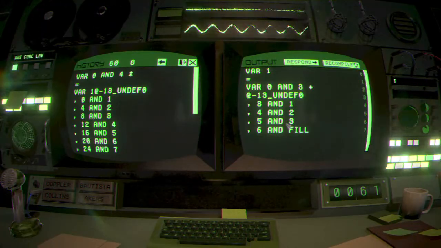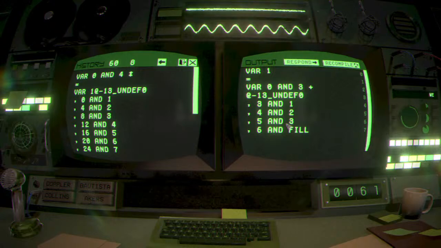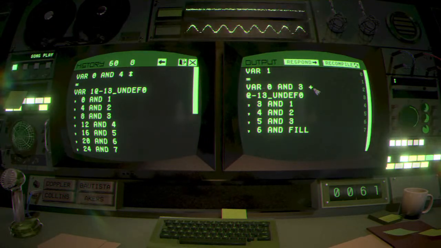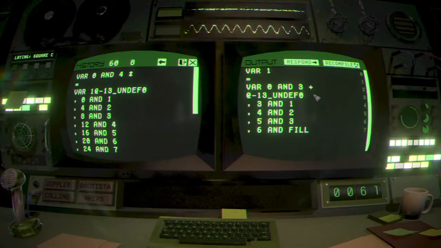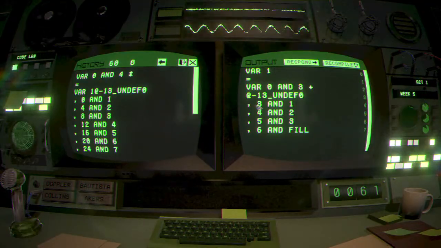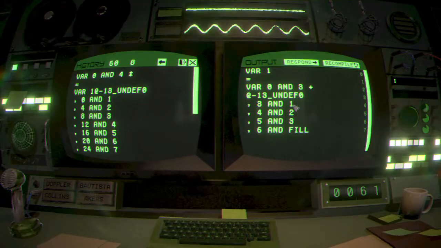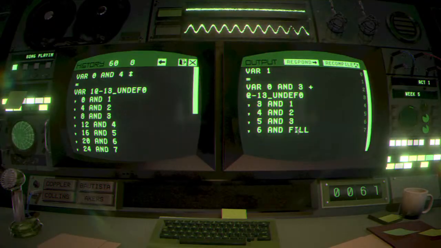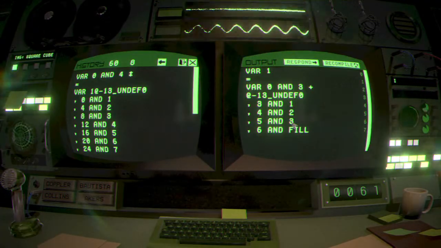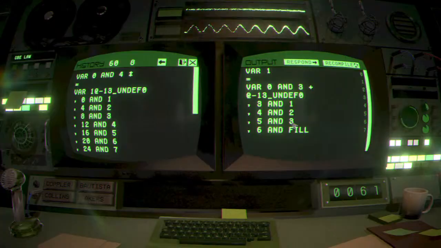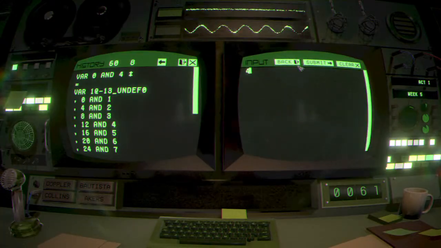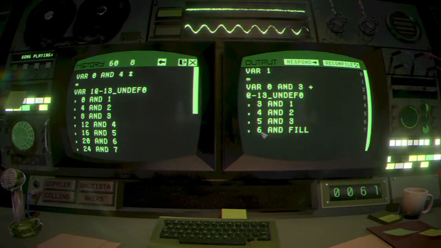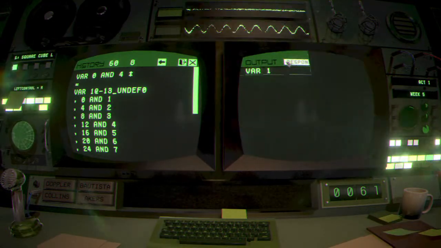I'm just gonna look at the next one, and maybe it'll make sense. So variable 1 is equal to variable 0 plus 3. So 3, 4, 5, 6, 1, 2, 3, 4. It doesn't look like plus 3 to me. Oh. Did I put 3? No, I put 4.